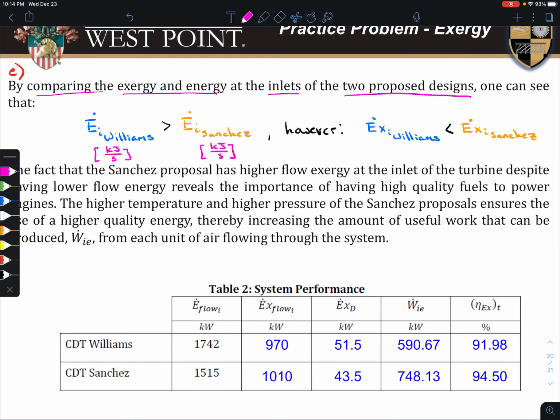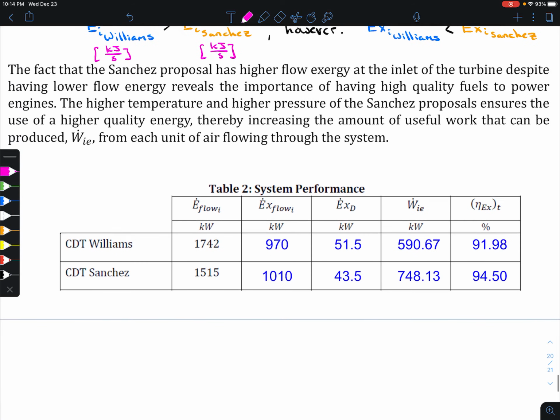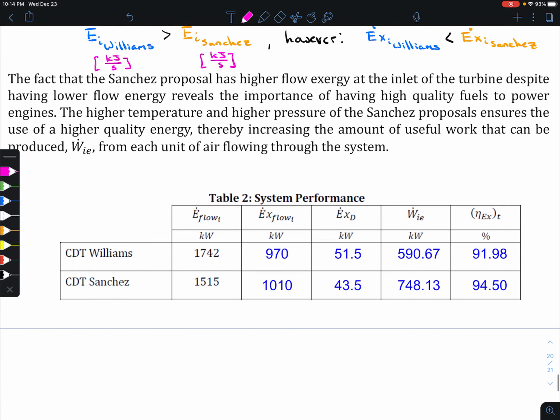And there's some important things to point out here as to why that is. The reason why, we call this out, you'll see it down here, and the main thing here is that the higher temperature and higher pressure of Sanchez's proposal ensures that you're working with, and here's the jargon that I want to stick in your mind, a higher quality energy. A higher quality energy.